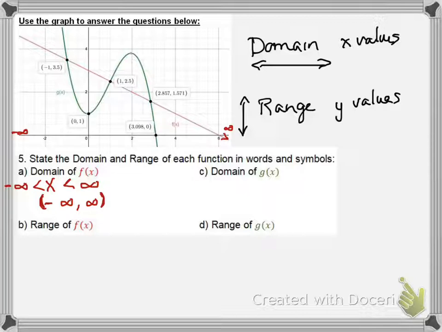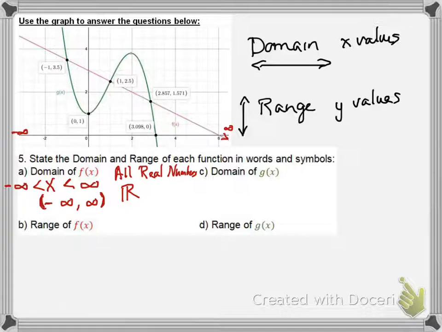Another way to write that is all real numbers, or this fancy R that has two legs on it. They want you to write it in words too. So if I was just going to write it in words, I would say it goes forever to the left and the right, or every x value works.